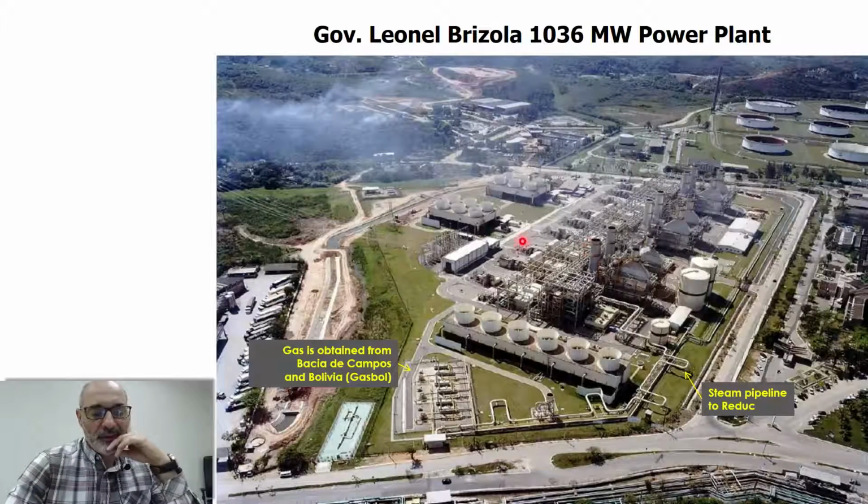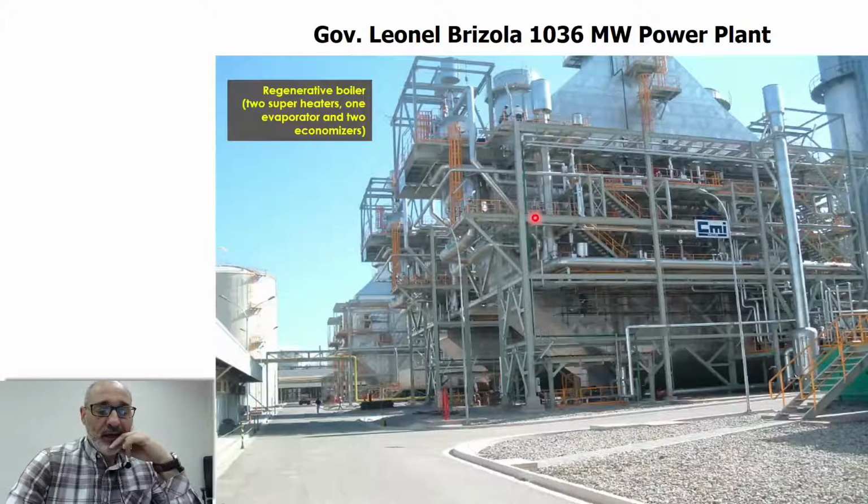This is an aerial view. Those are the pipes that supply steam to the refinery here. The gas is obtained from Bacia de Campos and also from Bolivia, through the gas pipeline. And this is the regenerative boiler.